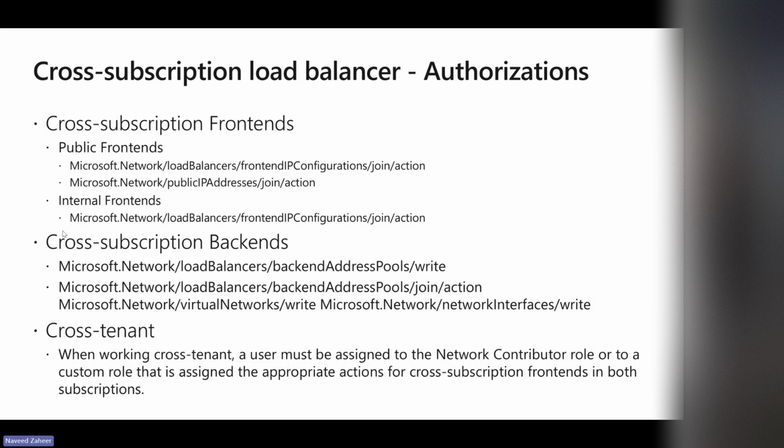But what about when you are doing an actual production deployment? This is the list of permissions that you have. You can create a custom role, or you can use one of the roles that has these permissions rolled up for an RBAC-based secure deployment where you can do cross subscription front ends and back ends. Got it? Any questions so far?